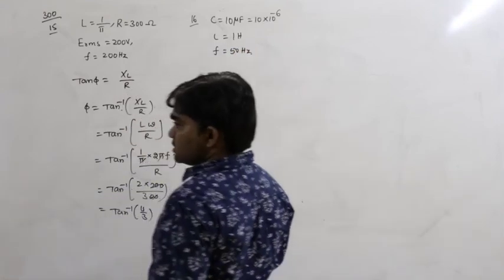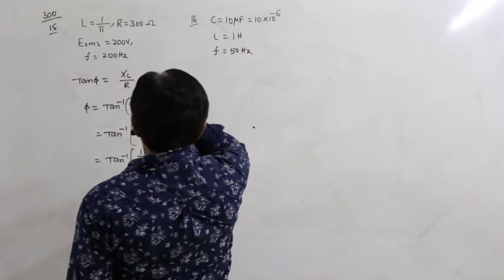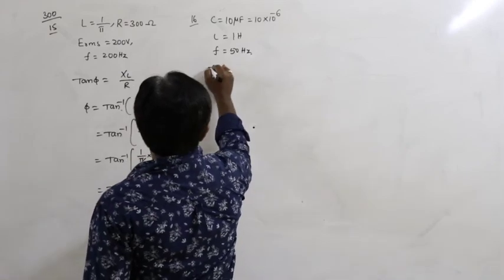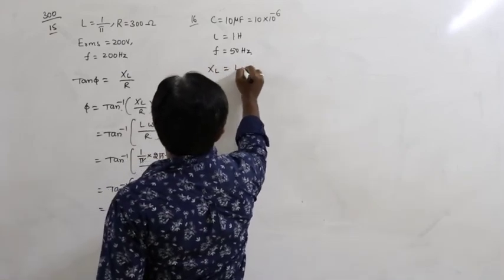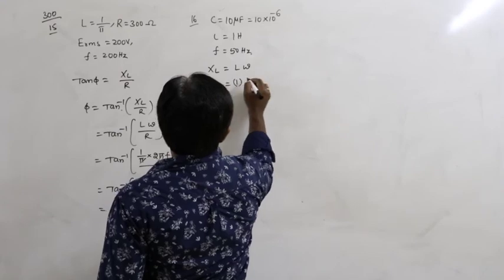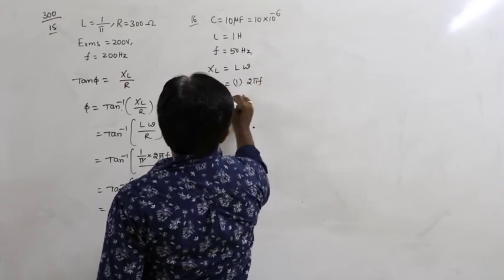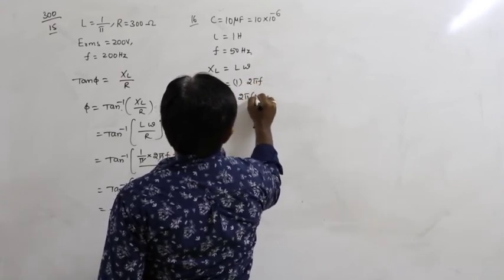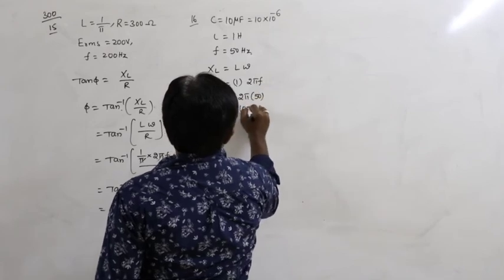What is the impedance of the circuit? To calculate the impedance, first we have to calculate XL and XC. First XL is L omega, 1 into omega, and omega is 2 pi f, 2 pi into 50, that is 100 pi.